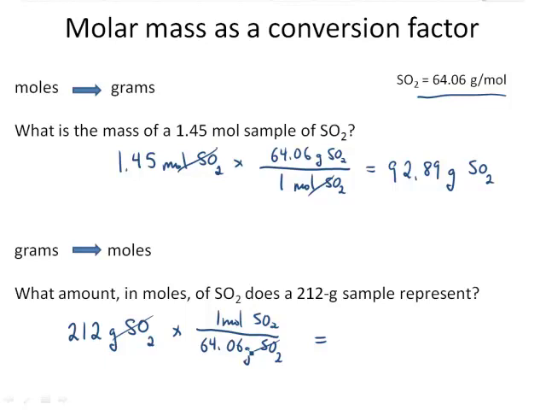And we have 212 divided by 64.06, and we end up with 3.309. Nope, 3 significant figures, my friends. 3.31 moles of SO2. Actually, this one up here, I just realized, should be 92.9 grams of SO2 because we had only 3 significant figures.